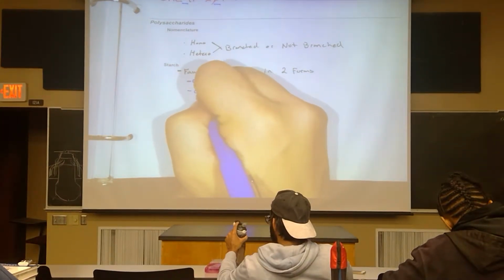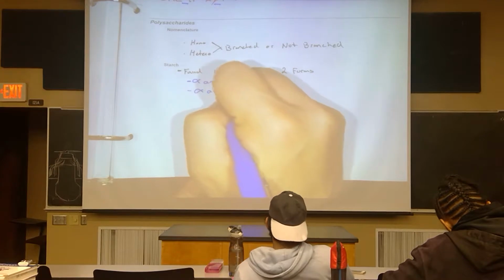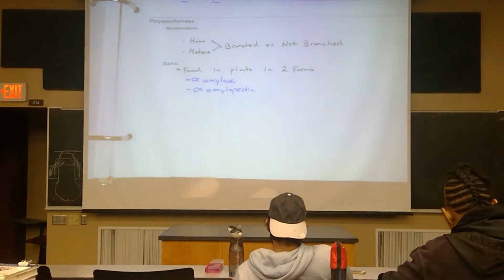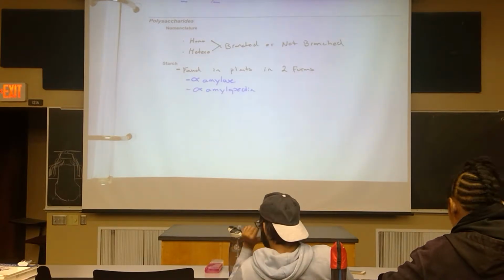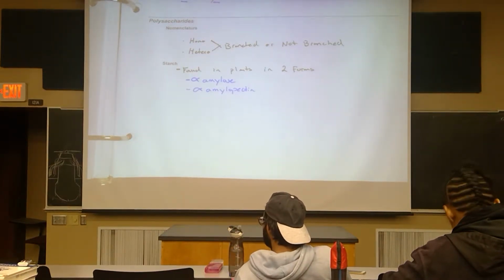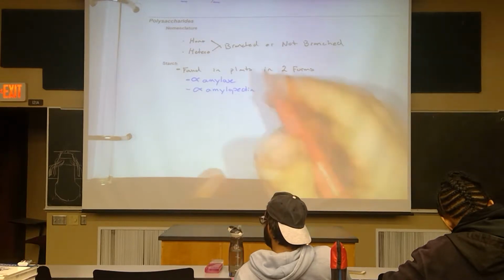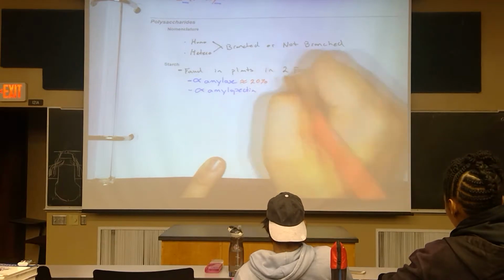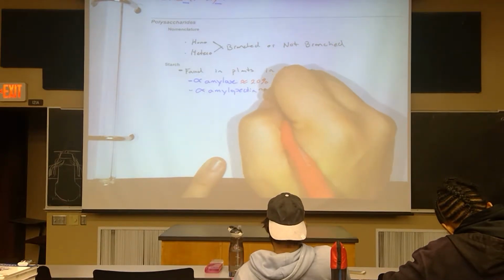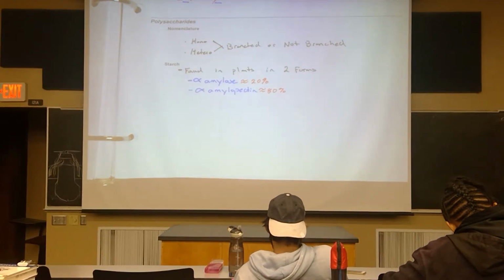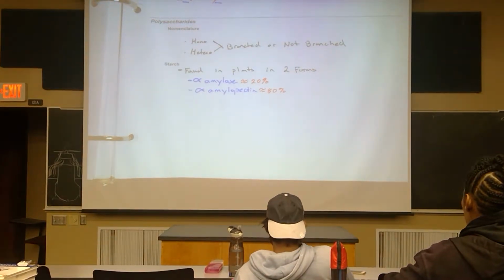It's found as alpha amylopectin. Alpha amylose consists of about 20% of starches. Amylopectin is about 80% of starches. They exist in amylopectin form versus amylose form.